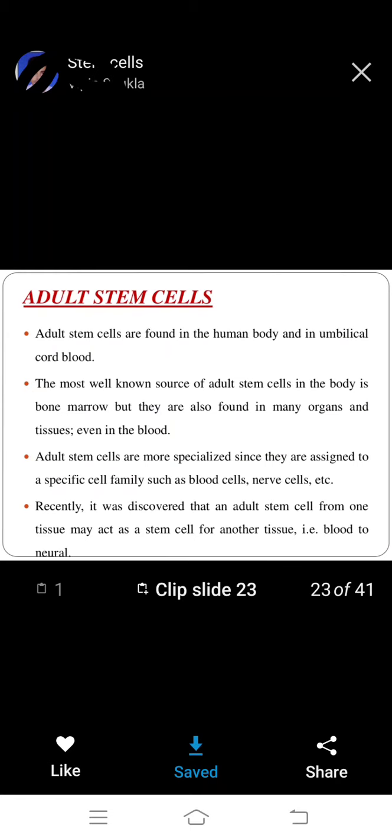An artificial liver was prepared for the first time by using stem cells of the umbilical cord. Okay, stem cells, adult stage only, use only this.